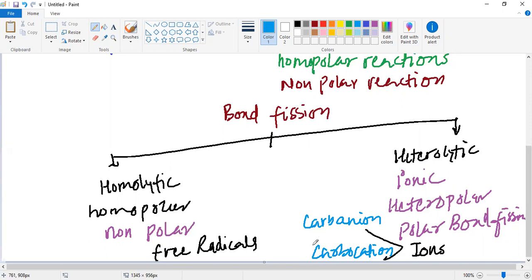Please remember that carbocation is also known as carbonium ion. Is it understood, my dear students?